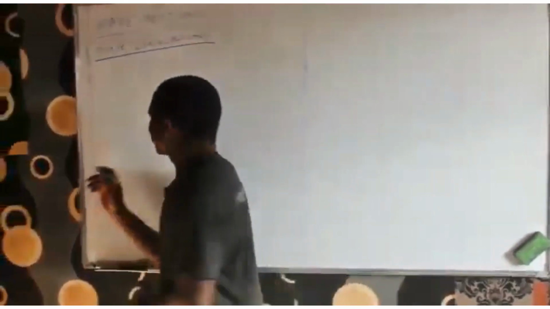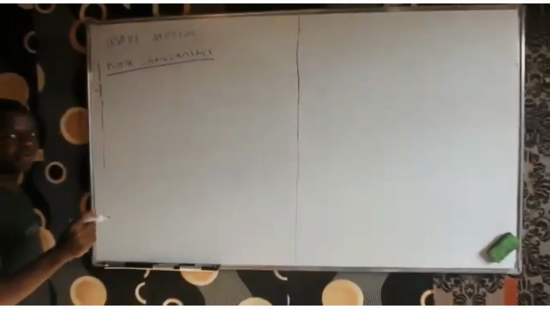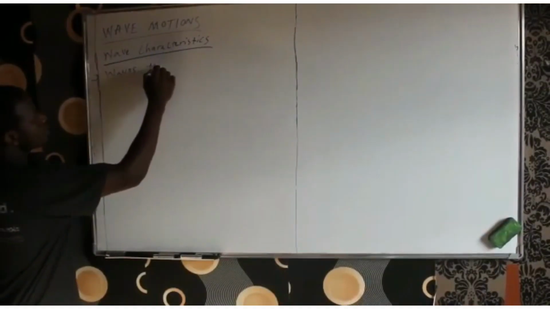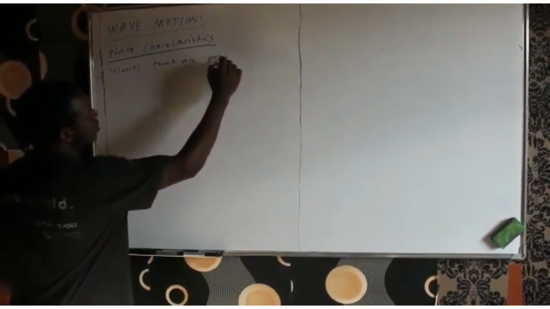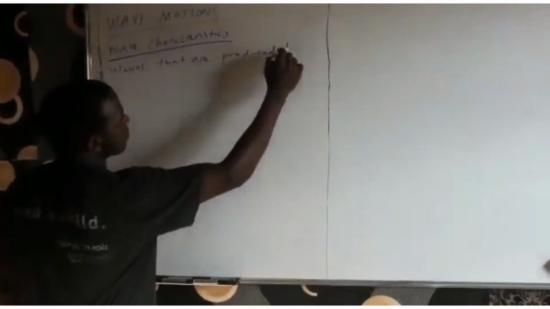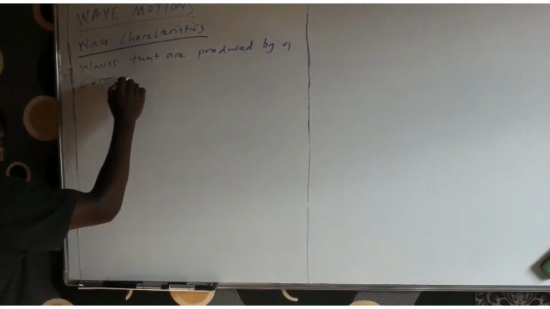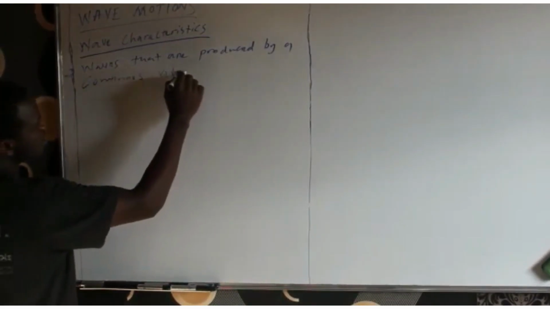I've said waves that are produced by a continuous vibrating object are referred to as periodic waves.